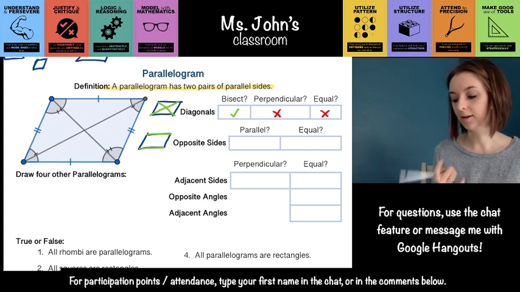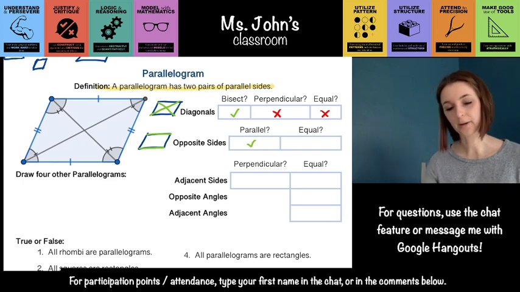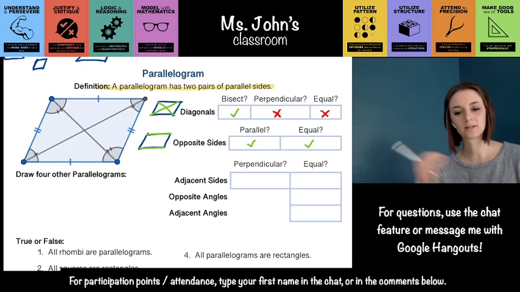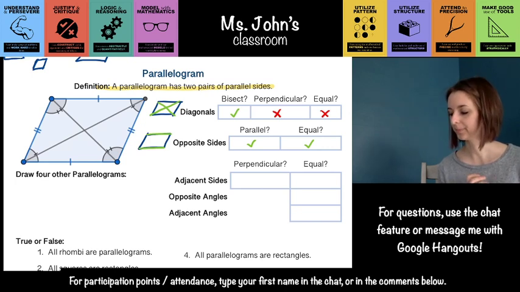Opposite sides, either pair of opposite sides. It's part of the definition that they have to be parallel. So yes, they are always parallel. And they are also always equal because of the nature of parallel lines and two pairs of them intersecting each other, which makes each other equal.